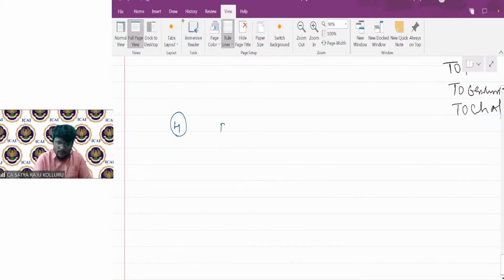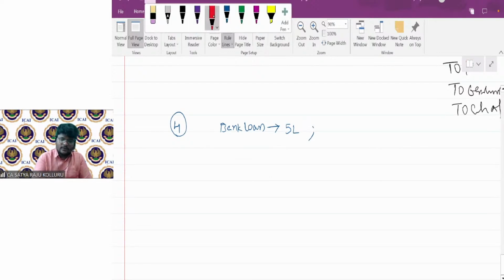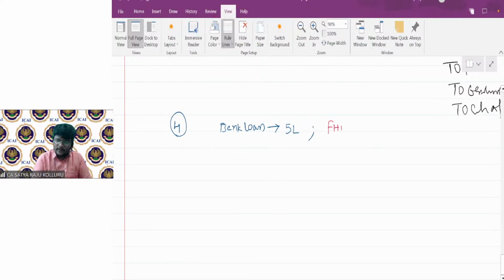So let us assume a bank loan is there for 5 lakhs. In my organization, one freehold property is there, which is at the rate of 3 lakhs.